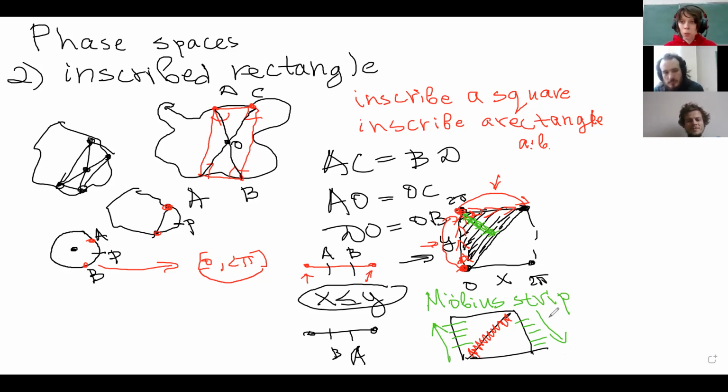So now we know that the phase space of pairs of points on the curve corresponds to a Möbius strip. Okay, now one more mental effort.